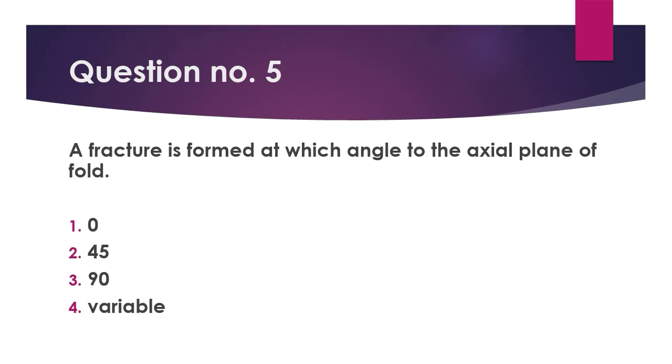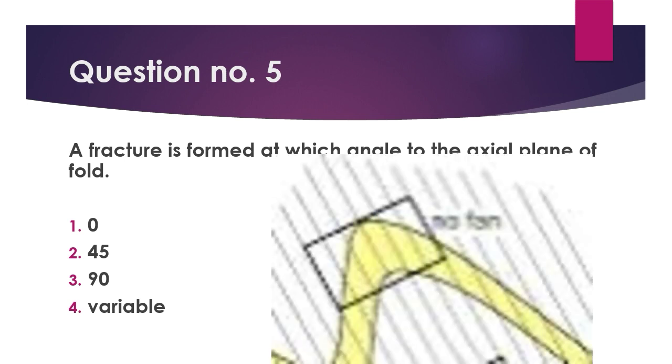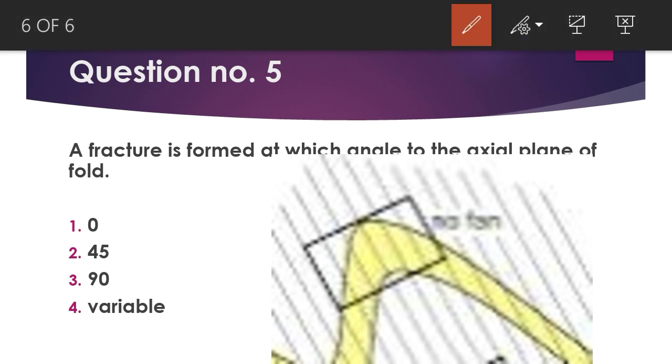And the fifth question is, a fracture is formed at which angle to the axial plane of a fold? You all know that the answer is 0, but I want to say another thing. This is the fold and you have the axial plane parallel to the fracture. Sometimes the question is asked that you will be given the area of this part of the fold, and they ask what the fold type is, either reclined fold, anticline, syncline, or whatever this is.